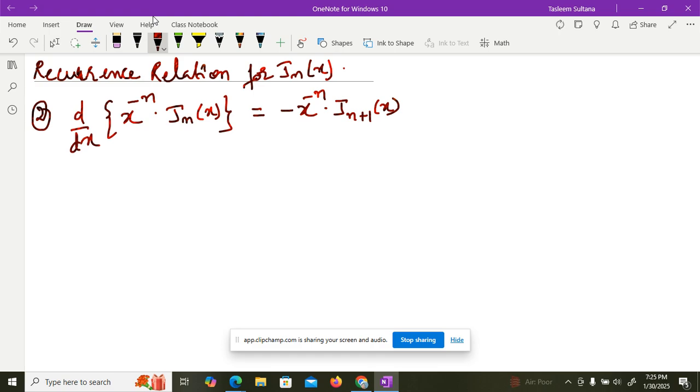This also we are going to show by using the definition of Bessel function of the first kind of order n.